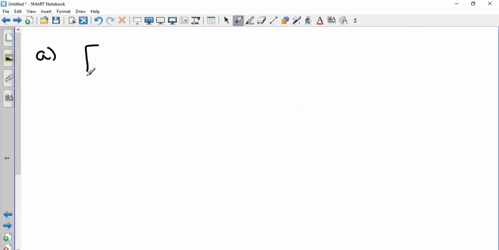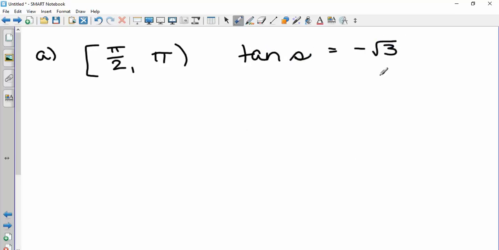What if I said, find S in this interval so that tangent of S is equal to negative radical 3. So I'm asking you to really work these problems in reverse. If you are between pi over 2 and pi, what quadrant is that?